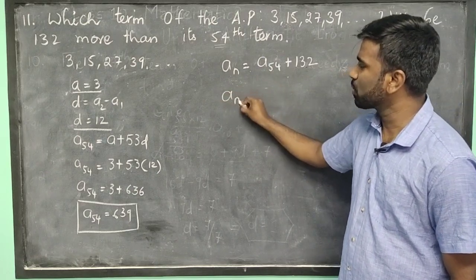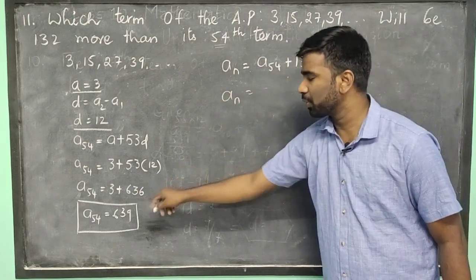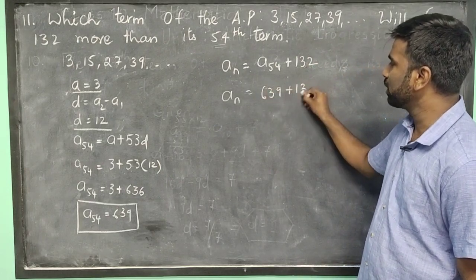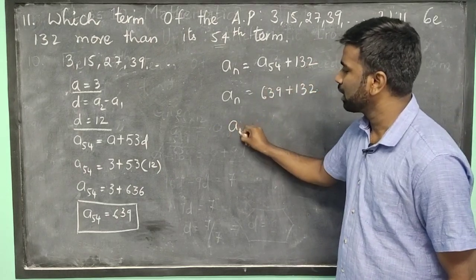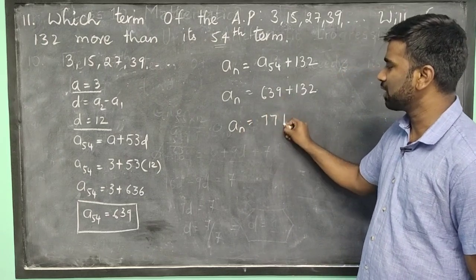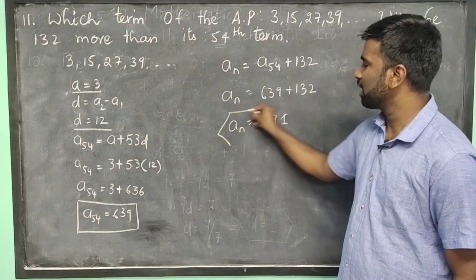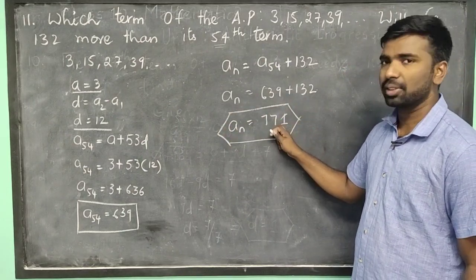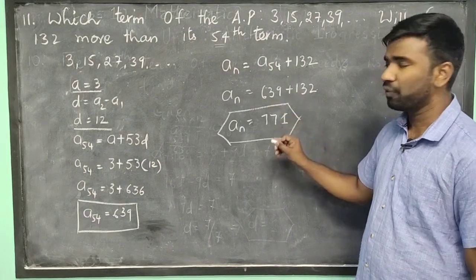So an equals, what is A54? The 54th term is 639 plus 132. An equals, what is 639 plus 132? You get 771. We get an equals 771. Now using this nth term, find out the value of n.